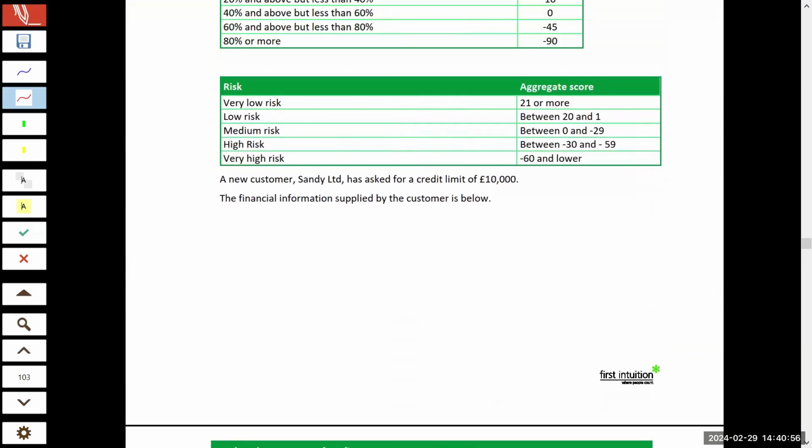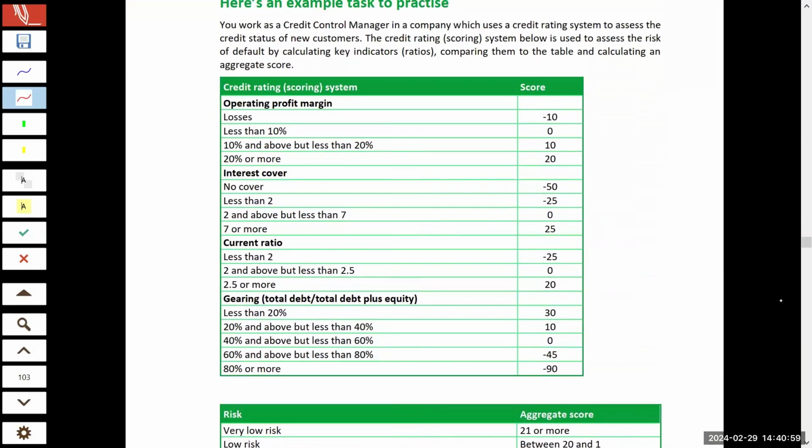And if I'm using my credit scoring system again, I'm going to give it a score of 20 because it is 20% or more. And of course, we are 0.42% over that.